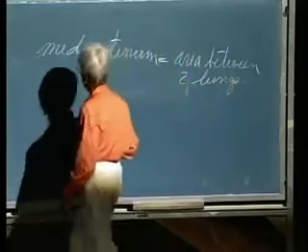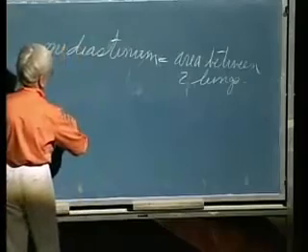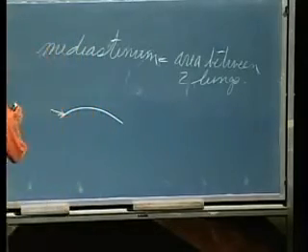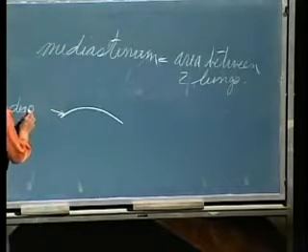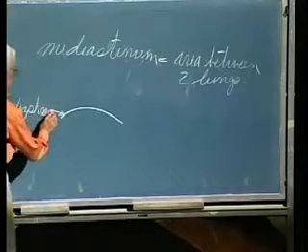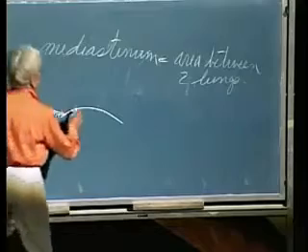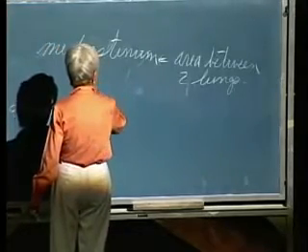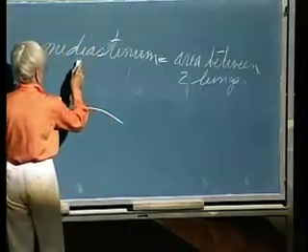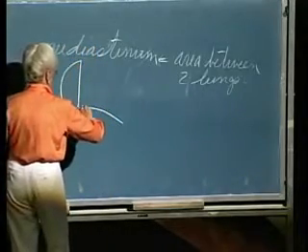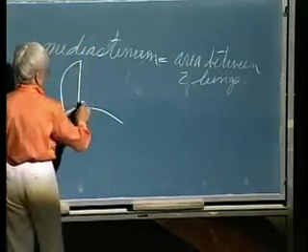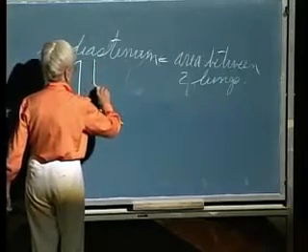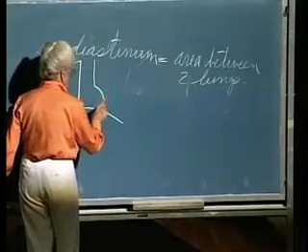So let's put in the diaphragm. And the right lung comes down like this. And the left lung comes down like this. It leaves what's the cardiac notch.